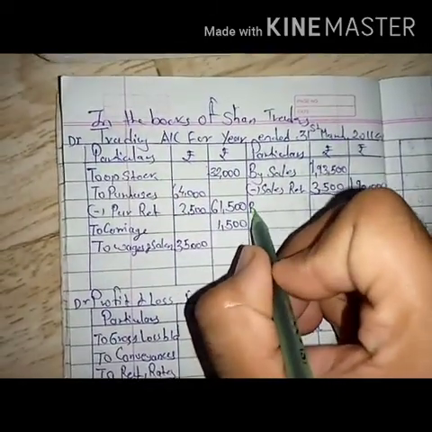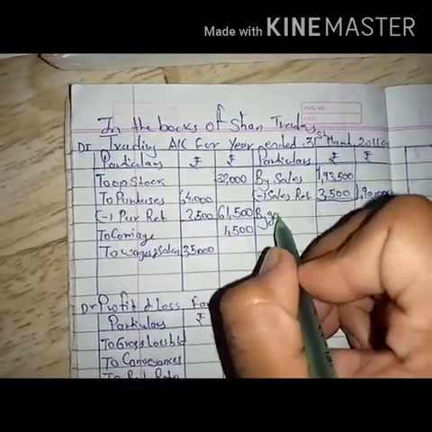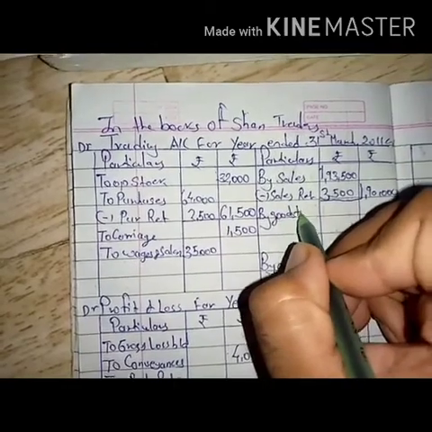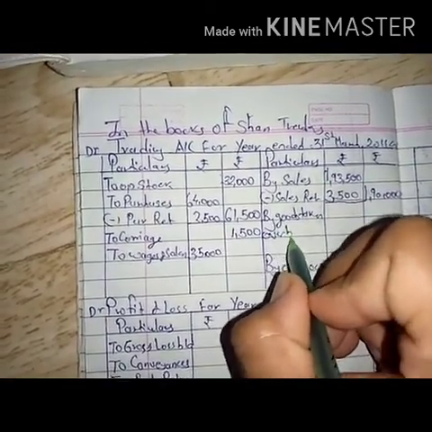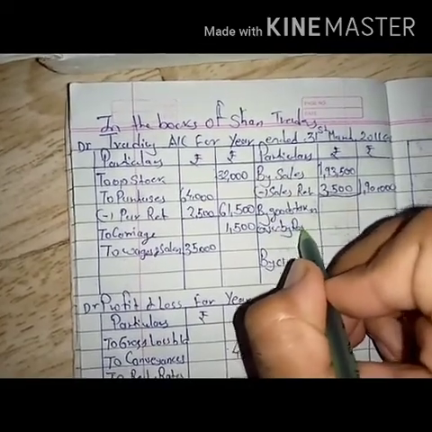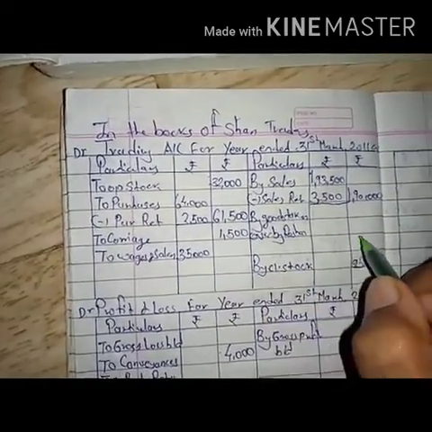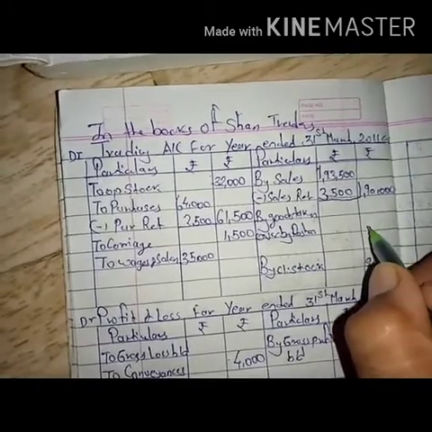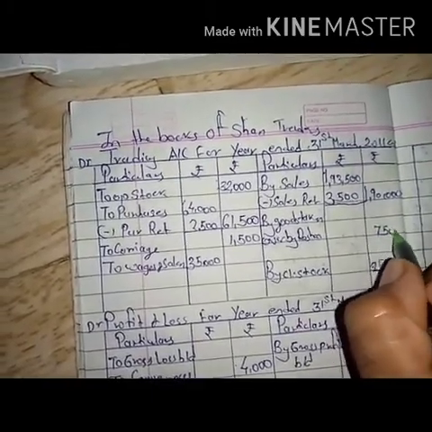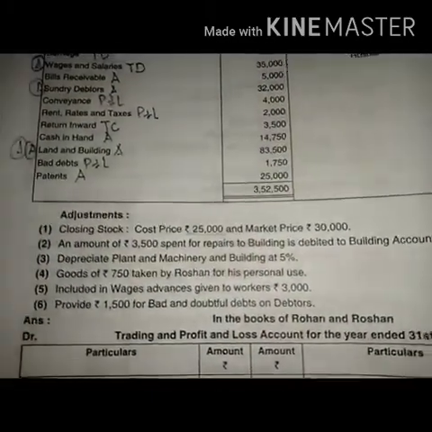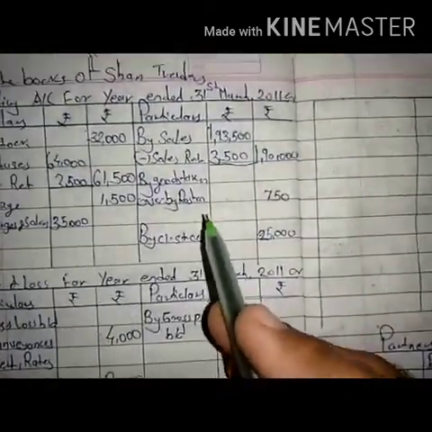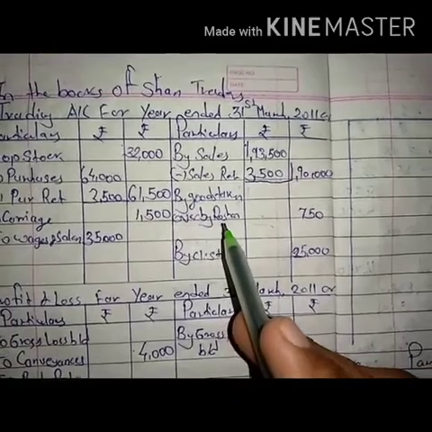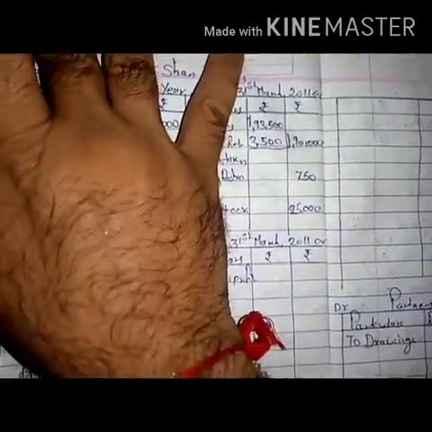That is: by goods taken over by Roshan. That is rupees 750. It is given over here, rupees 750. The goods which are used by Roshan are not paid for.